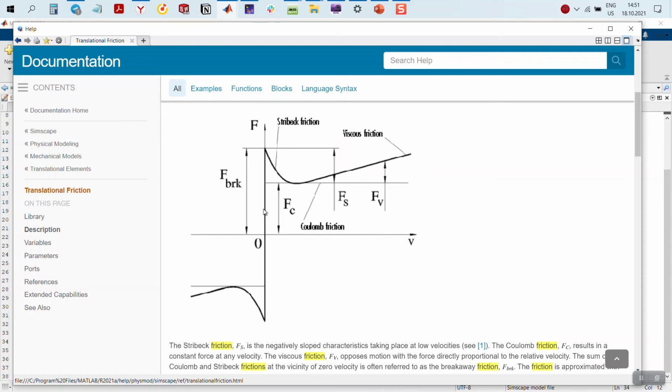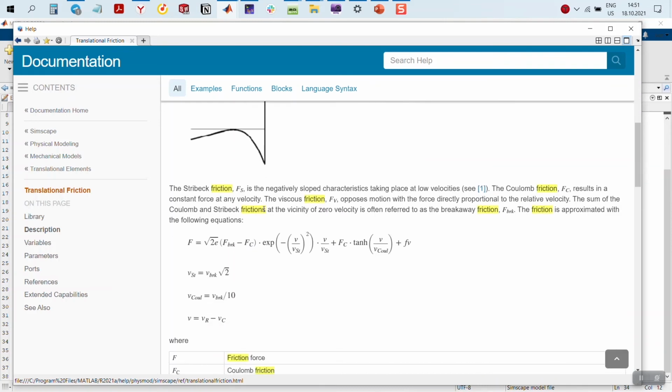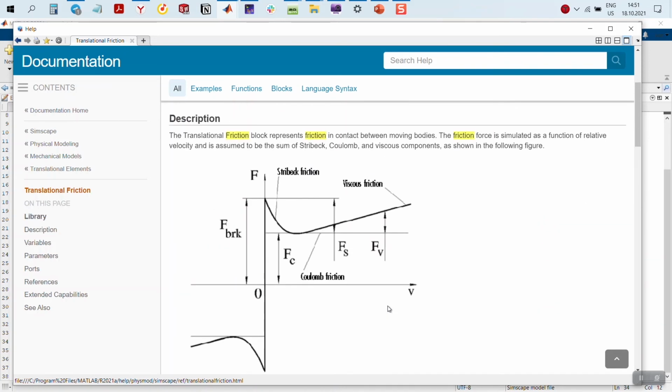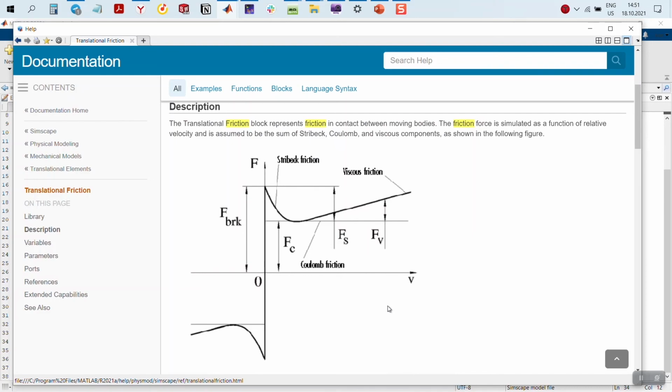And if you know all the coefficients of friction between the objects that you would like to model, you can use this nice equation, not very nice, to calculate what the force of friction is. But basically this equation just describes this curve.